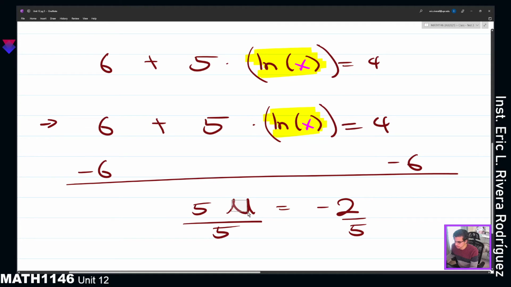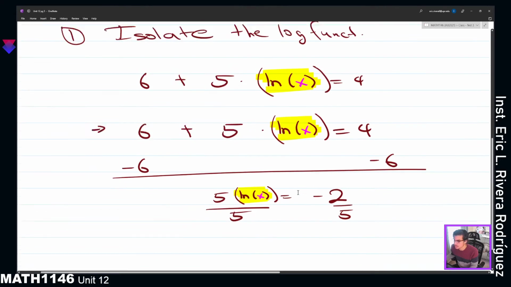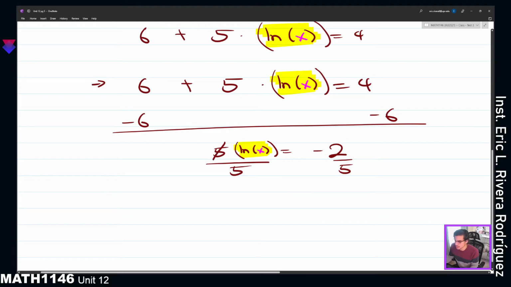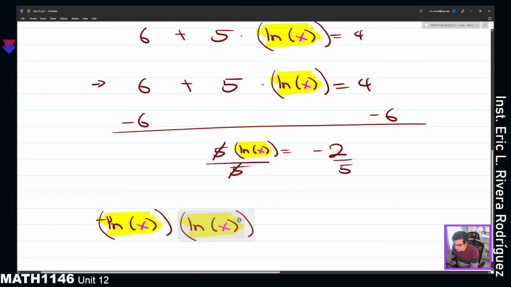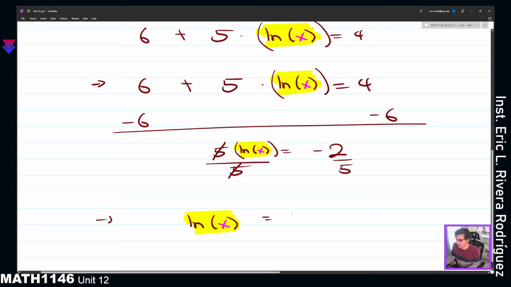So this gets canceled. So the next step will be, now I can drop the parentheses. I use the parentheses sometimes just to help me visualize or to separate the factors.